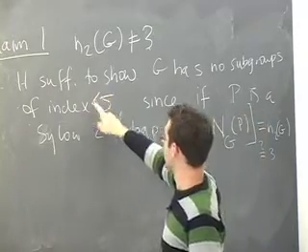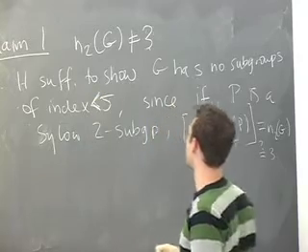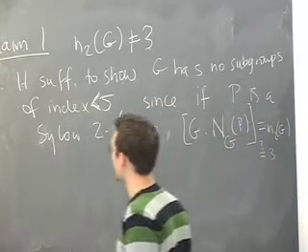It certainly has subgroups of index 5, but none of less than 5.